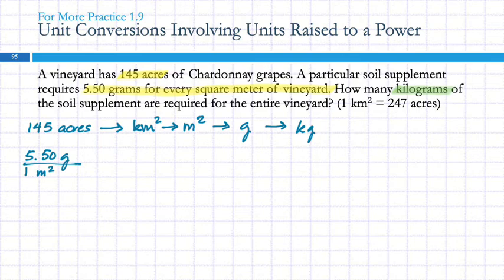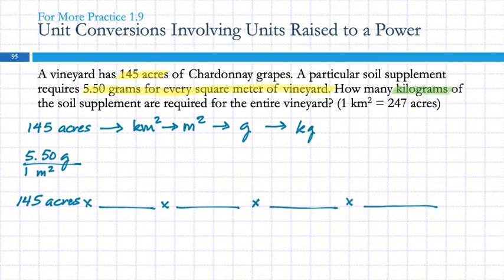Now we're going to use the path. How many arrows? It's got 4. Got 4 fractions this time. So 145 acres times, acres to square kilometers, to square meters, to grams, to kilograms.